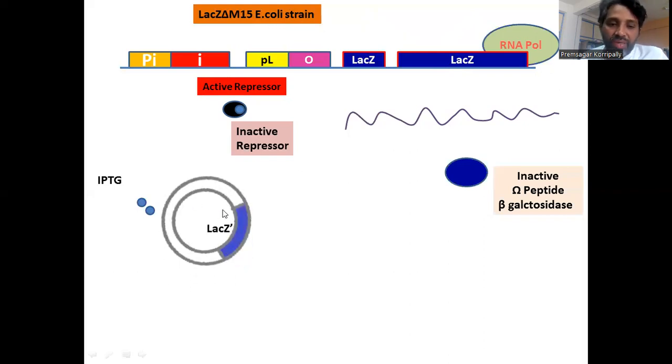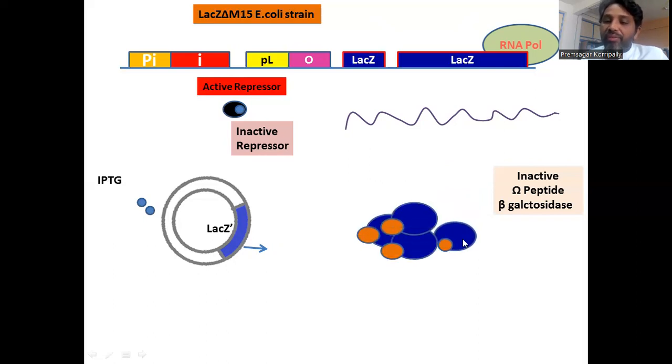Now the vector promoter is also recognized by the E. coli RNA polymerase, which transcribes the lacZ alpha region and synthesizes the alpha peptide.